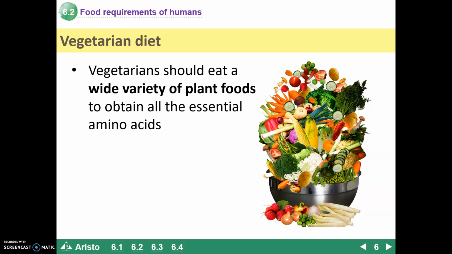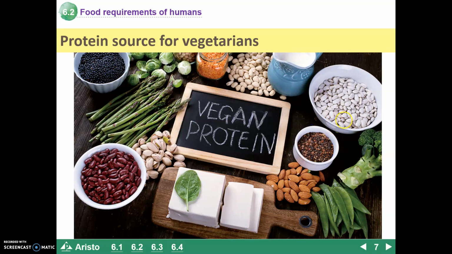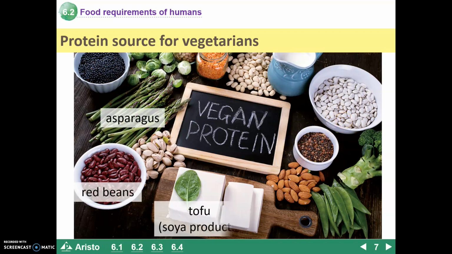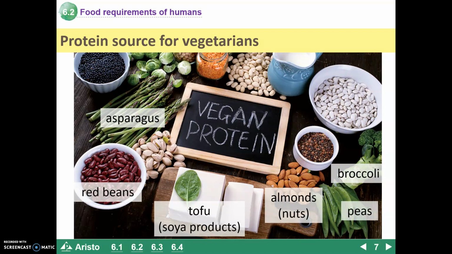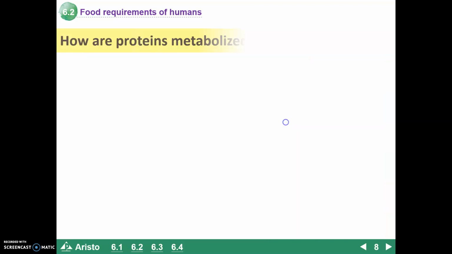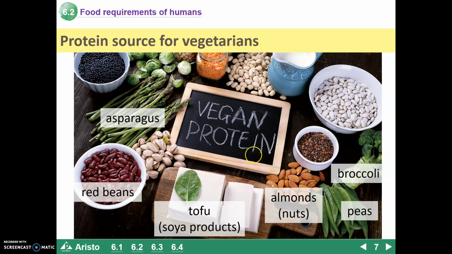Otherwise, you will lack some essential amino acids and you cannot make certain proteins. These pictures show that vegetarians can get proteins from many different types of plant food: beans, tofu, vegetables, nuts, etc. They have to eat a lot of variety in order to have a balanced diet.